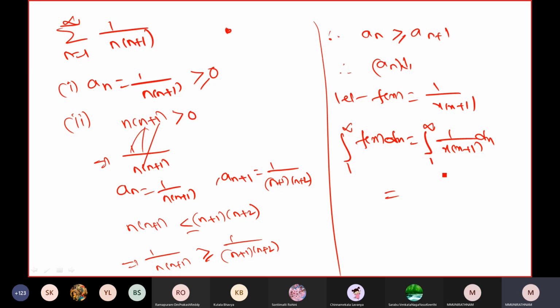It is 1 by x minus 1 by x plus 1. So the integral is ln x minus ln of x plus 1, from 1 to infinity. This is nothing but ln of mod x by x plus 1, from 1 to infinity.